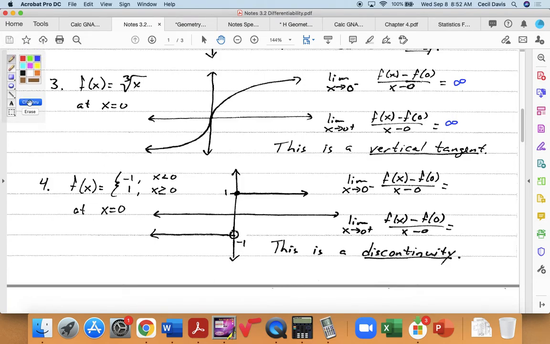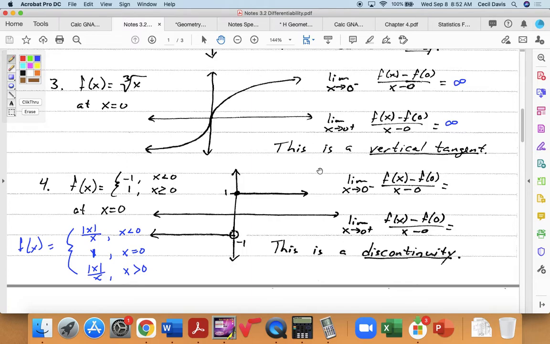This could also have been written as this. f of x is equal to the absolute value of x over x for x less than 0, equal to 1 for x equals 0, and absolute value of x over x for x greater than 0. Right?